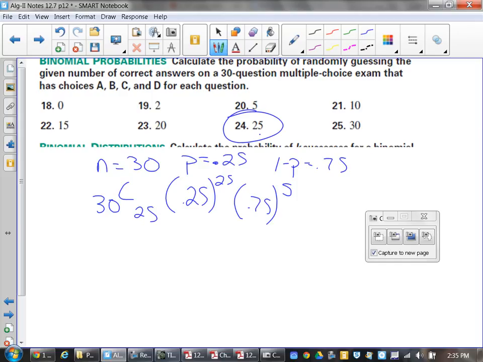I like to do my best to make it a little more simplistic, and that's a very simplistic way. You know that you have 30 of them. You want to get this many right. This exponent and this one are always the same. This is the probability. This is 1 minus it. And these two have to add up to equal that. I don't try to go through all the different k because it just gets messy.